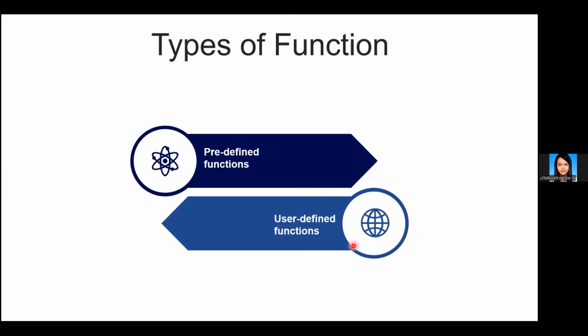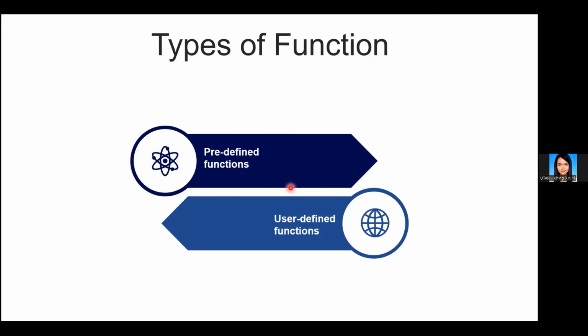Before I proceed to discuss in more detail, if you look at the keyword, you can automatically have a hint on what the function is. For example, the pre here, remember the pre means that something has been done earlier. So in this case, the predefined function is the function that has been created earlier.